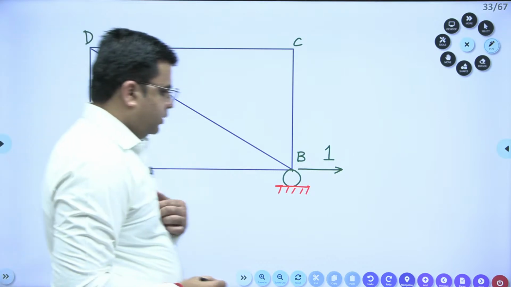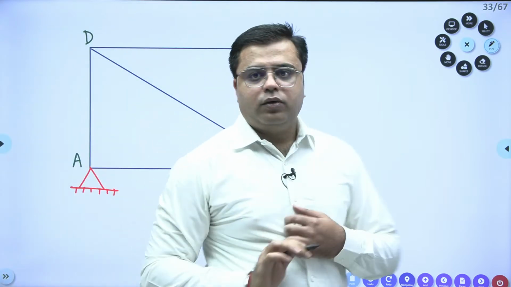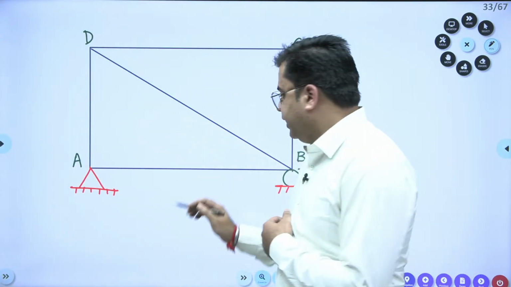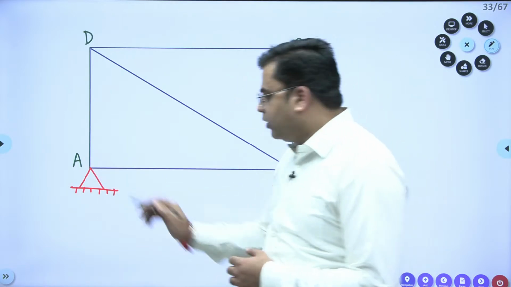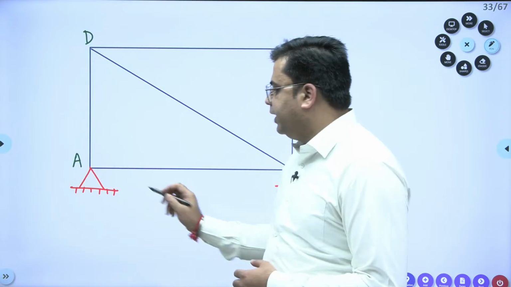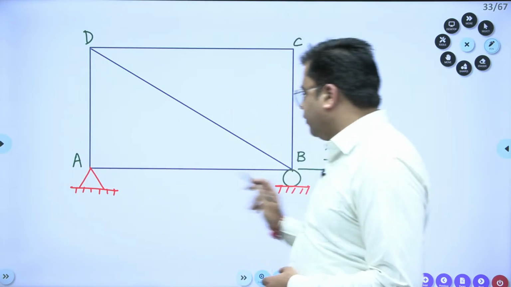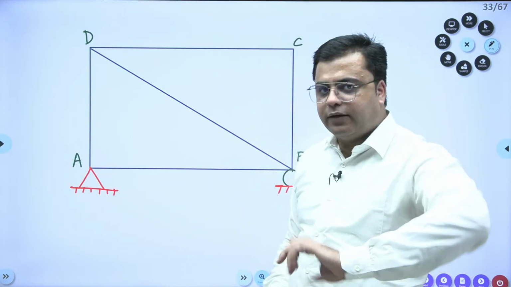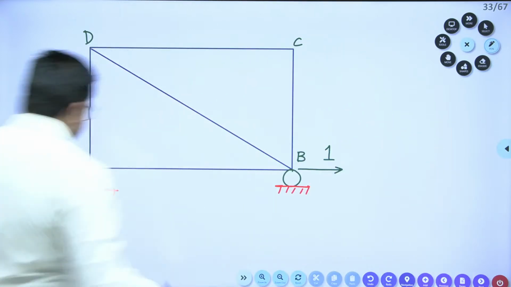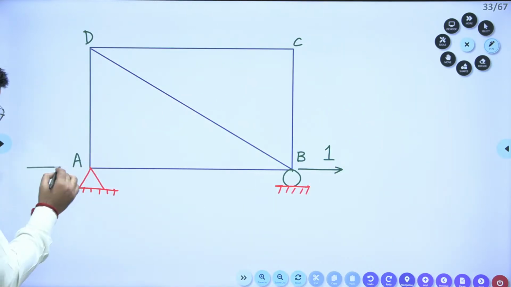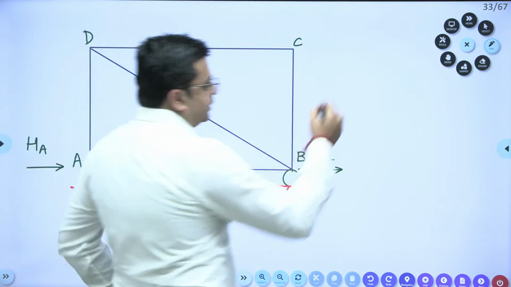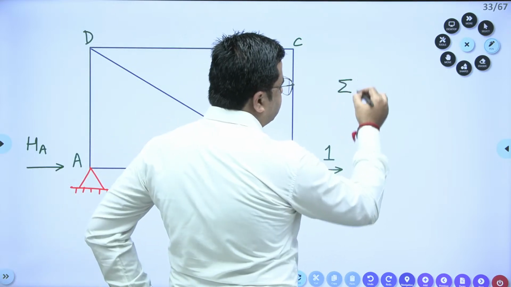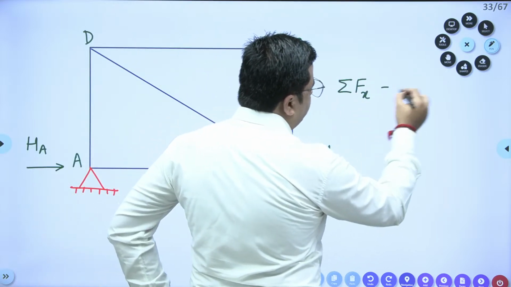If I can get the horizontal force at point A, that horizontal force at point A will be equal to the member force AB. This is a very simple question. This HA can be simply calculated by taking the summation of horizontal forces to be 0.